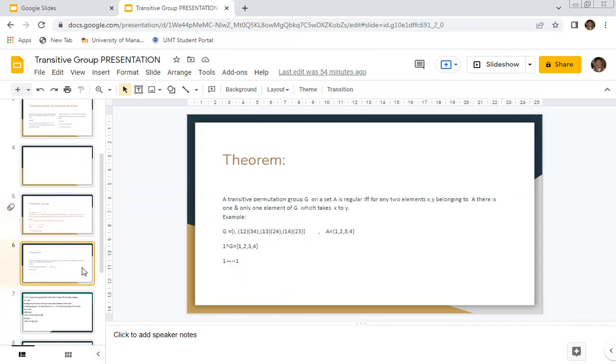Theorem: a transitive permutation group G on a set A is regular if and only if for any two elements x, y belonging to A, there is one and only one element of G which takes x to y.